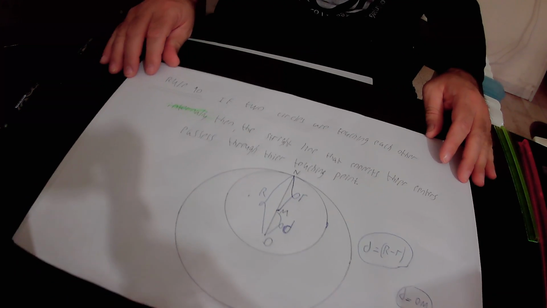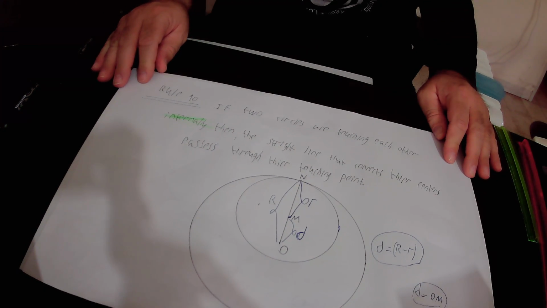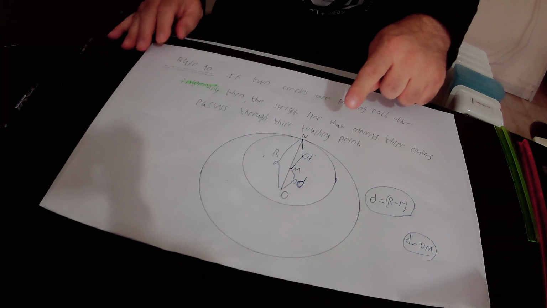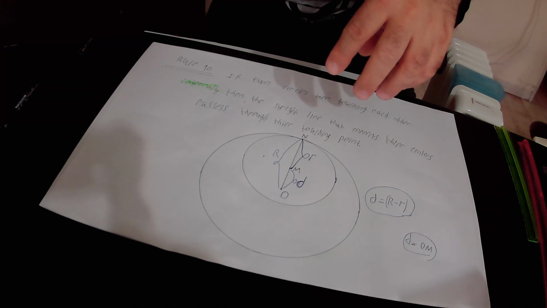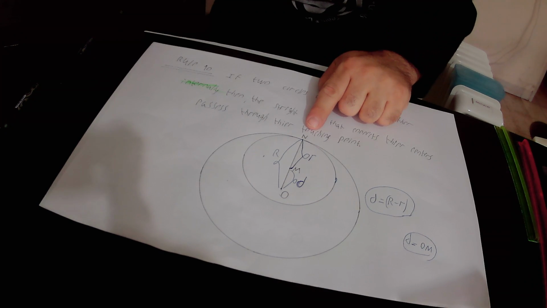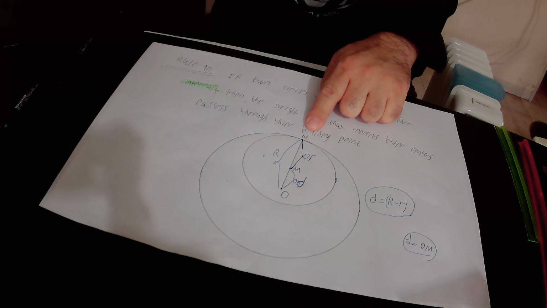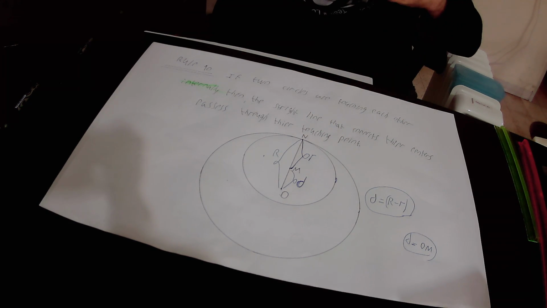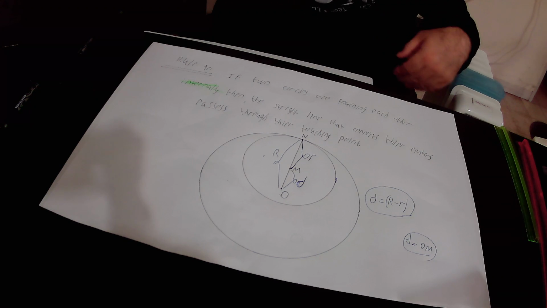According to rule number 10, if two circles are touching each other internally, like in this drawing, the small circle is located inside the big circle, and the small circle touches the big circle at point N. This point N is the touching point between the small circle and the big circle, or the point of tangency also.